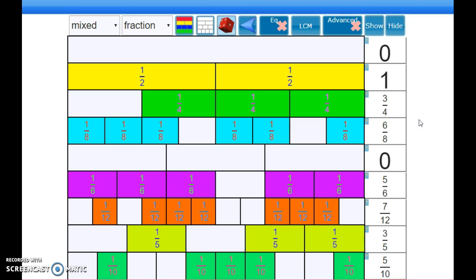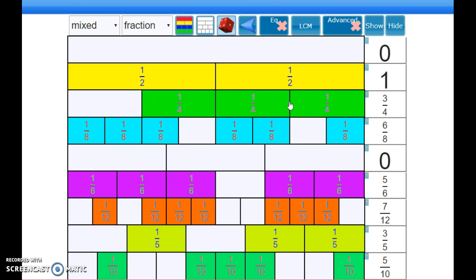Do you see any that look like they would be really full bars? This one's jumping out at me. 5/6 looks like a goodie, because if there's 6 parts and you've got 5 of them, it means that you've got most of it filled up. Another good one, let's see. 3/4, that's a lot of the bar being filled up already.